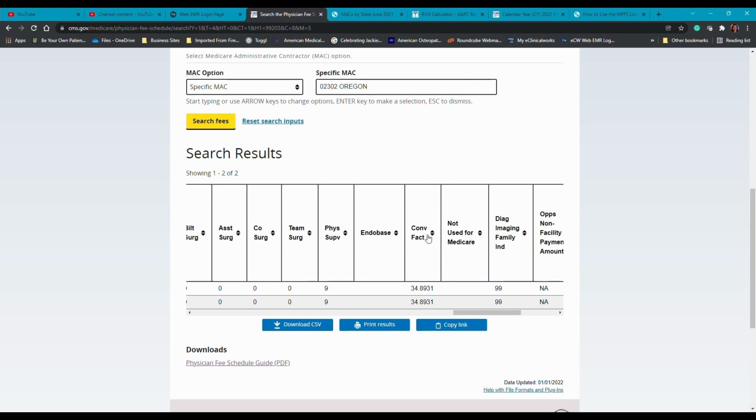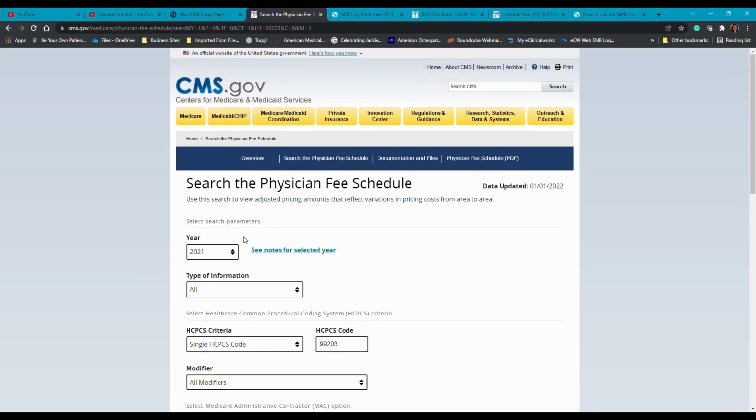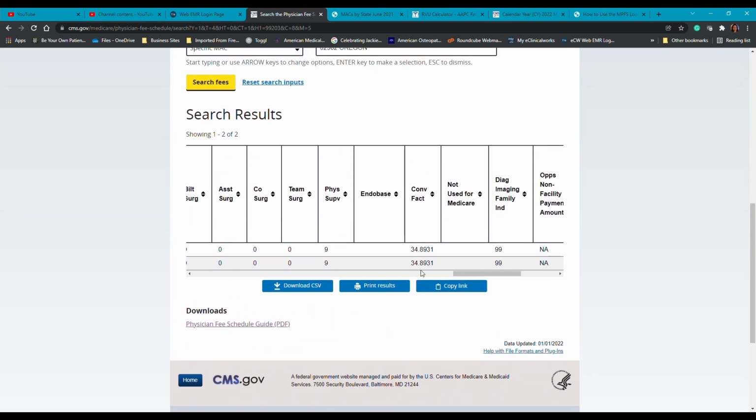Okay, so here is the conversion factor. Now, the conversion factor is what changes at least yearly, and usually Medicare decides in November what the next year's conversion factor is going to be. So we chose 2021, and it's 34.8931, okay?